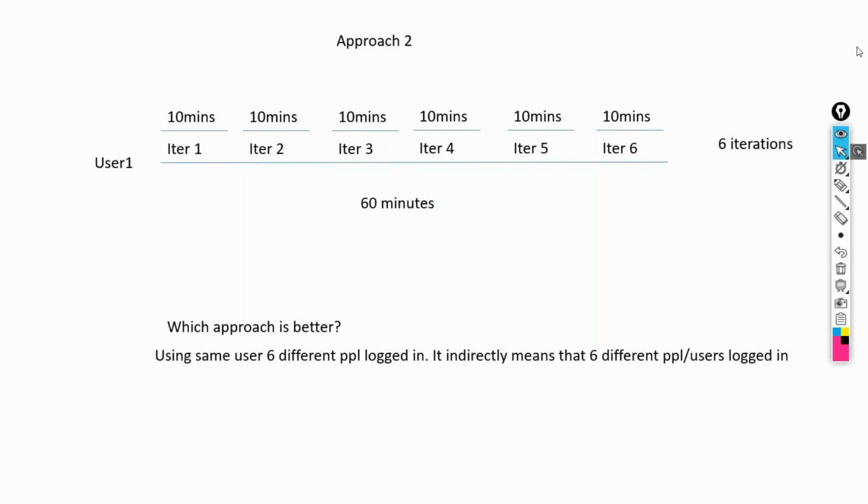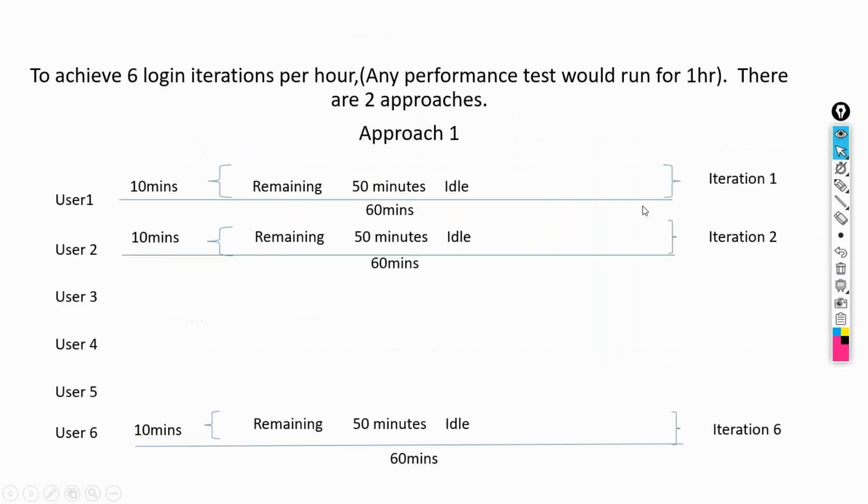Every user completed iteration 1 in the first 10 minutes and remained idle for the remaining 50 minutes. That's the reason this approach is not recommended. The second approach is better when you compare these two.